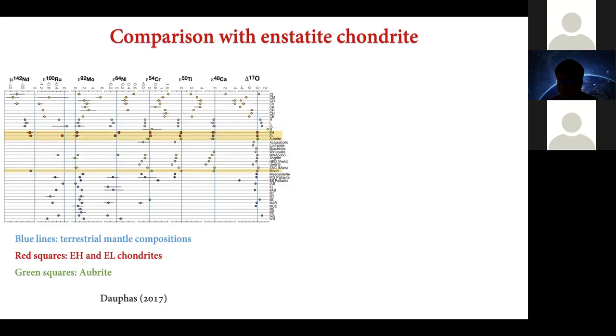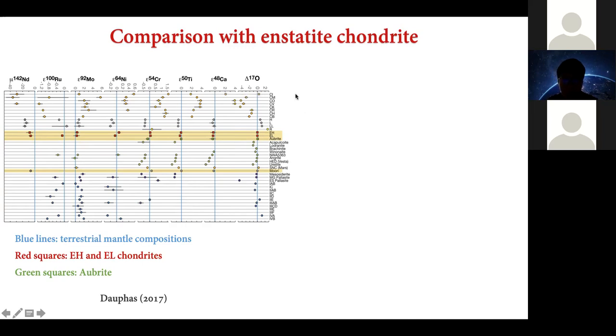From Nicolas Dauphas's work that was published in Nature in 2017, eight kinds of isotopic signatures show that the Earth is mostly composed of enstatite chondrite. Here are two types of enstatite chondrite, EH and EL, and on the left in this figure, it shows the isotope anomalies of different chondrites relative to Earth.